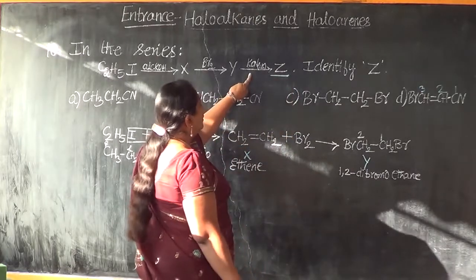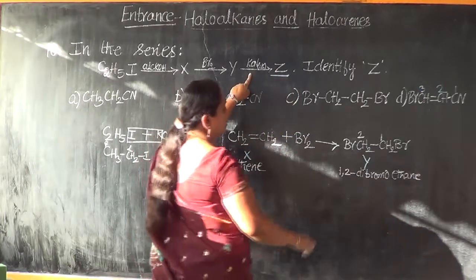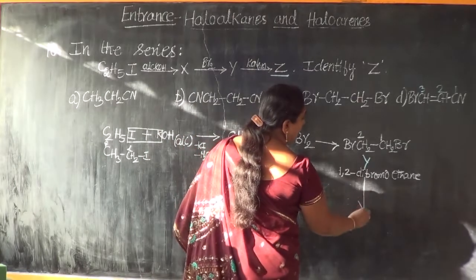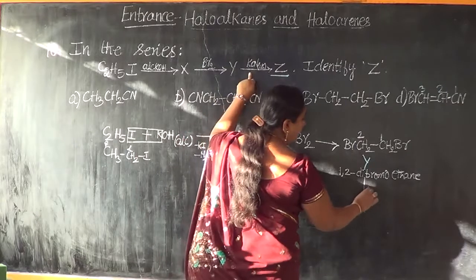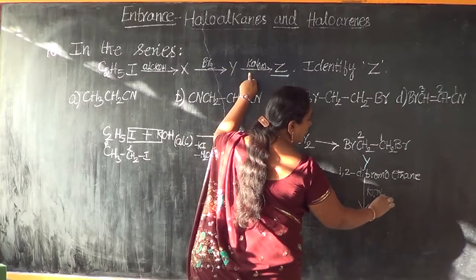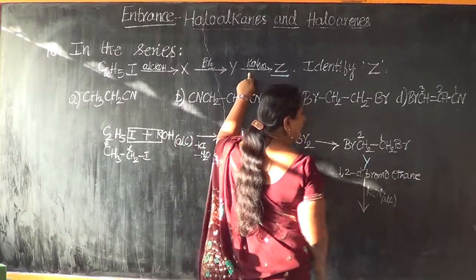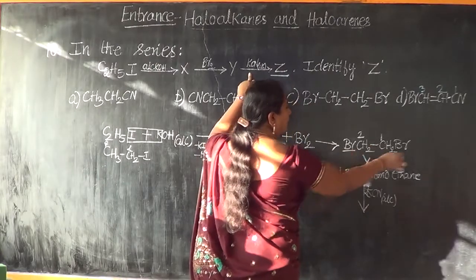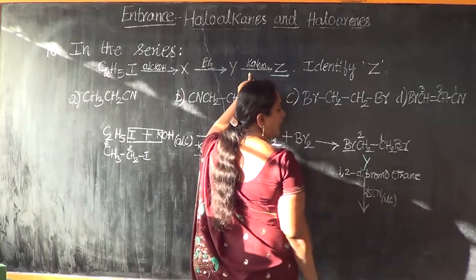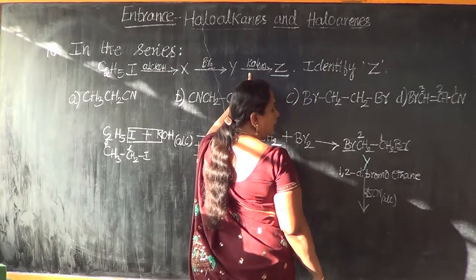This is further treated with KCN. Write it down below. It is treated with alcoholic KCN. So now what happens? Br combines with K and comes out as 2 molecules of KBr.